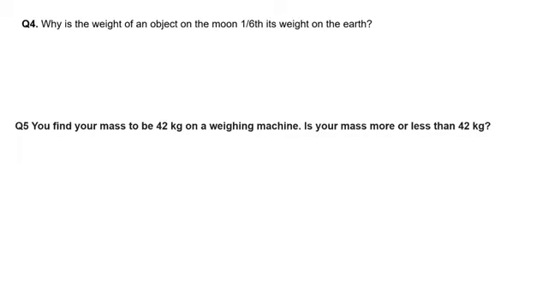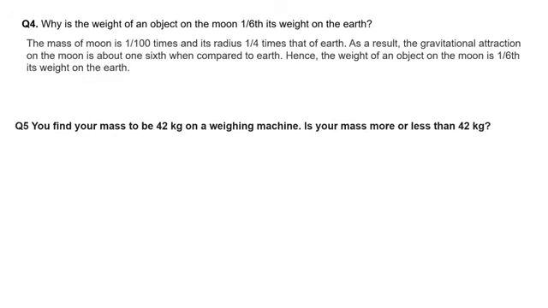And why is the weight of an object on the moon 1/6 of its weight on the earth? We have done the calculation in the last slide, but there is one more way by which you can find out how it is 1/6.